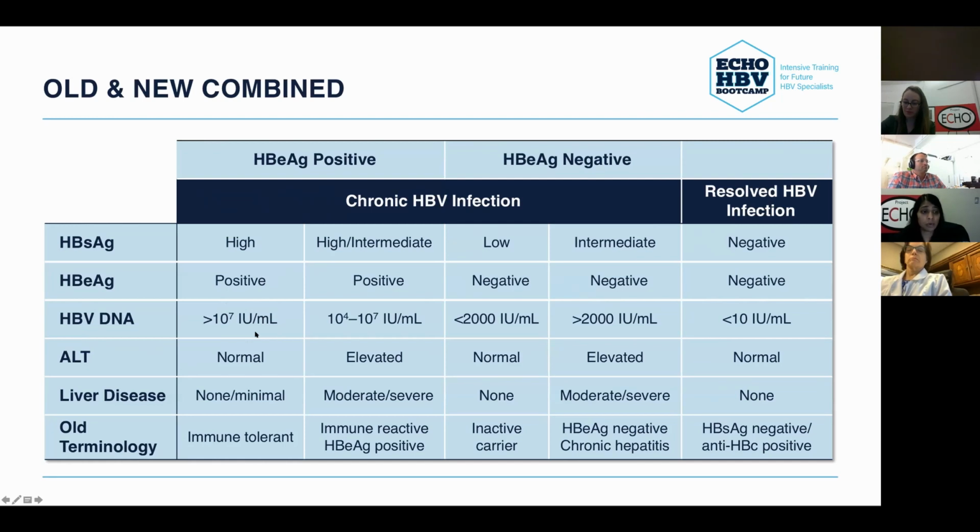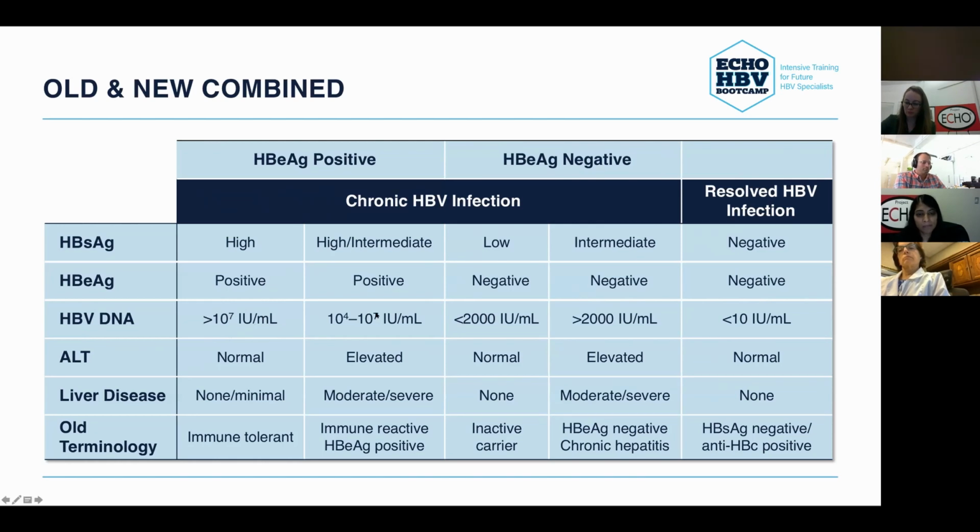So that's another way to report the results for this test. And the conversion factor is typically 1 IU is equivalent to 5.3 copies per ml. So for somebody who has a viral load of 2,000 IUs per ml, that typically translates to about 10,000 copies per ml.